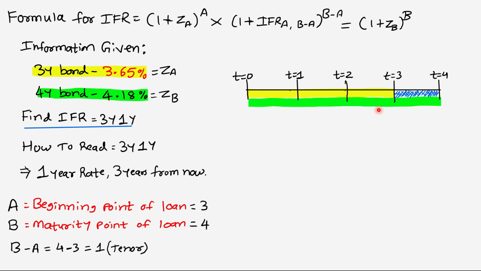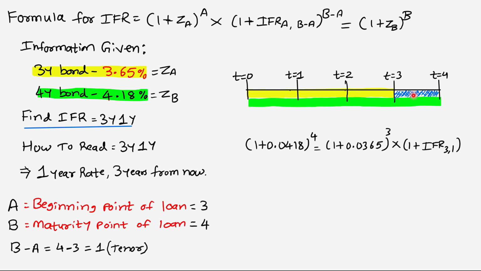But what if I want to find the implied forward rate from time period t equals 3 to t equals 4? That's going to be 1 year. So we're going to be investing for 1 year starting 3 years from now. So now is time 0, so 3 years: 1, 2, and 3. So it's going to be starting here to here. So what's going to be the implied forward rate? The one that's highlighted in blue.